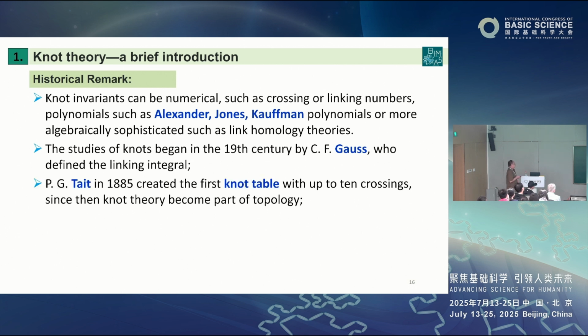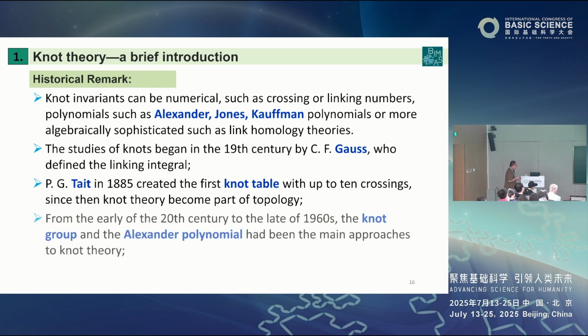In 1885, Tait created the first knot table with up to 10 crossings. Since then, knot theory became part of topology. From the early 20th century to the late 1960s, the knot group and the Alexander polynomial had been the main approach to knot theory.